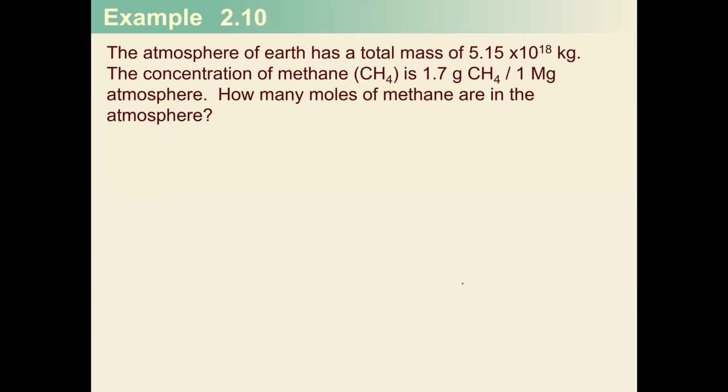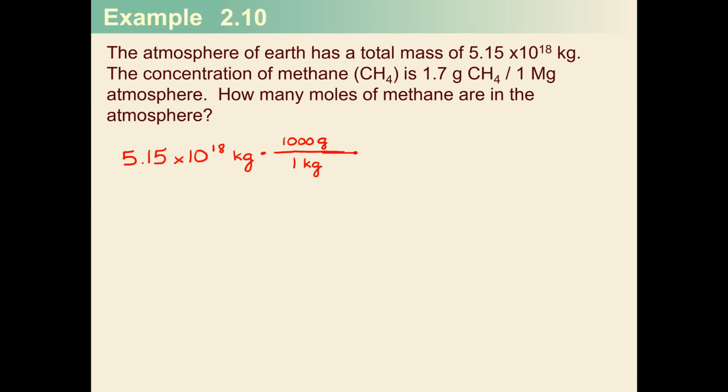So if we do that, I will have 5.15 times 10 to the 18th kilograms of atmosphere. So what I will do is go to our standard unit, which is going to be our gram. So 1 kilogram is 1,000 grams, or 10 to the third.